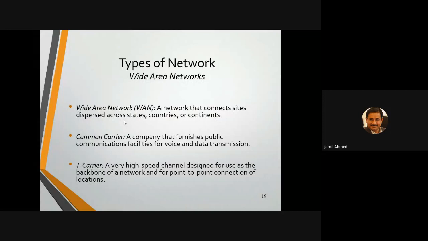So there are two. There is a common carrier, a company that furnishes public communication facilities for voice and data transmission, and another is the T carrier, a very high speed channel designed for use as the backbone of networks for point to point connection of locations.